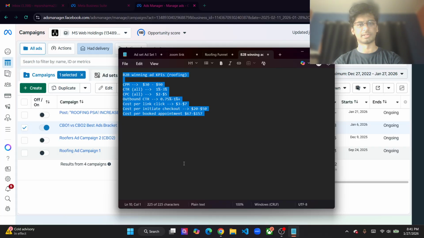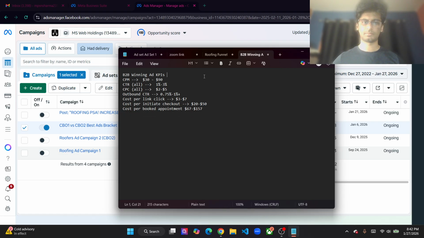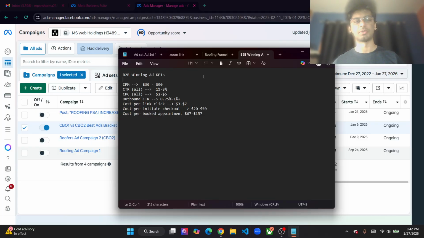On roofing, it's going to be a little bit more expensive, so these numbers might be a little higher, but generally for B2B, these are the KPIs you want to consider a winning ad.